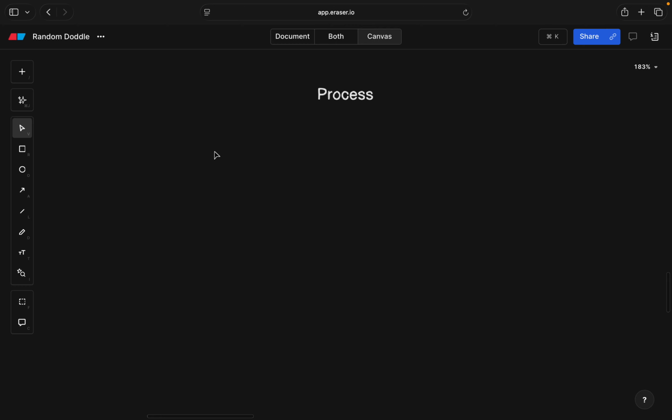Inside of each process, we can have multiple threads. Thread one, thread two, thread three.